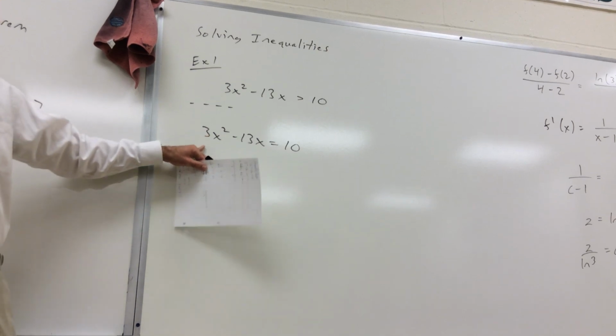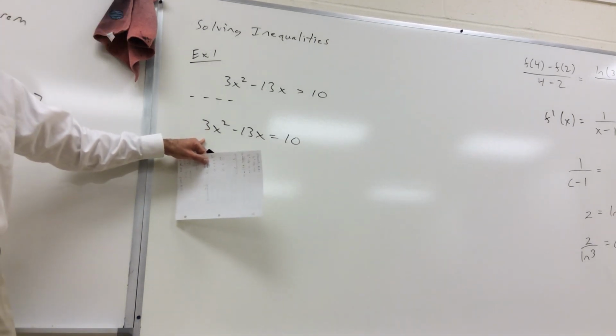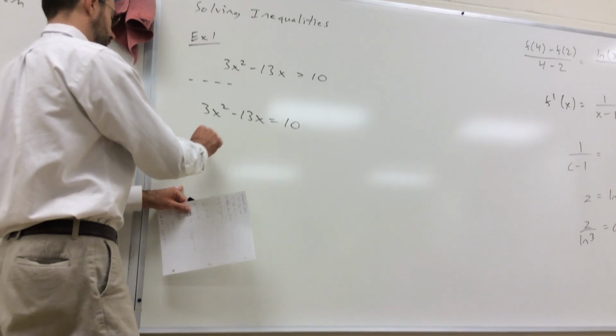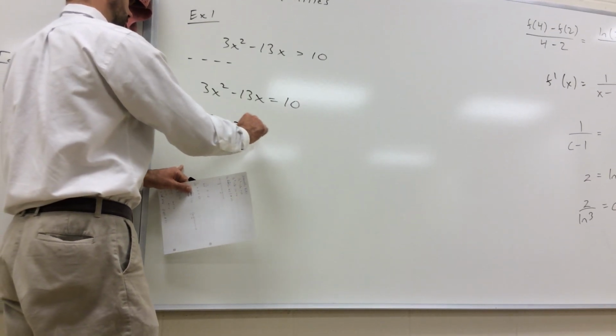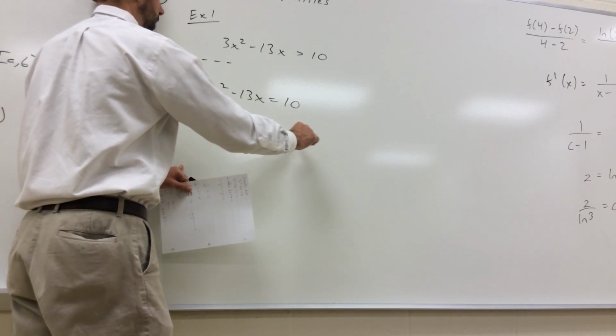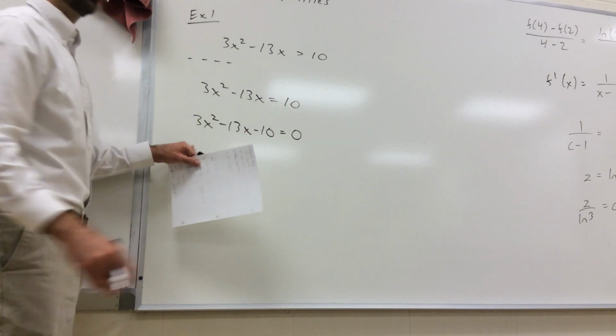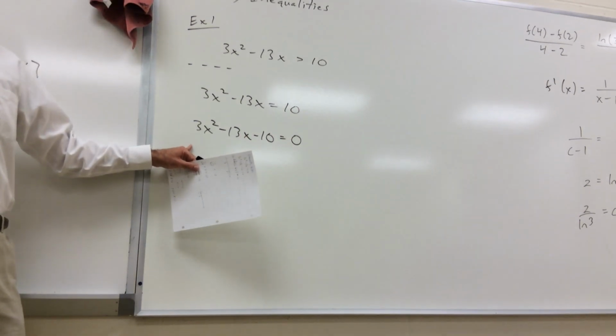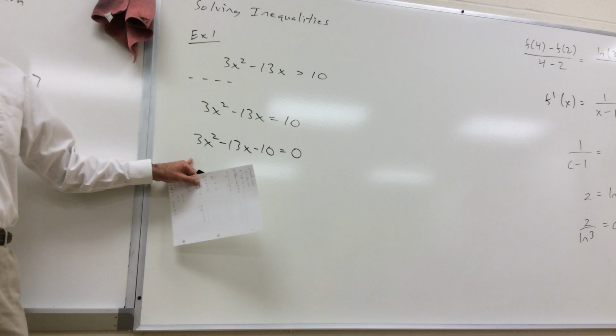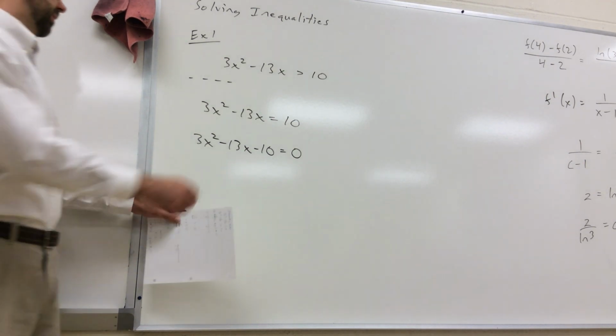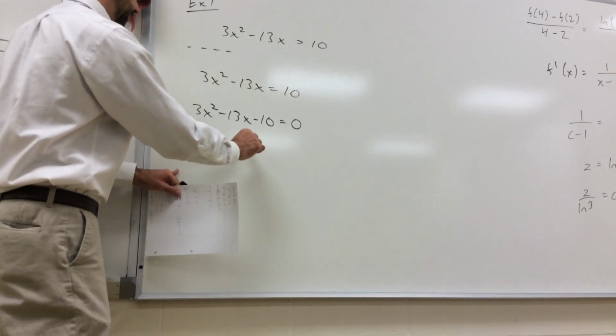All right, so to solve for this equal to 10, I need to subtract the 10 over. And then use either quadratic formula or factoring. I think factoring works on this one.